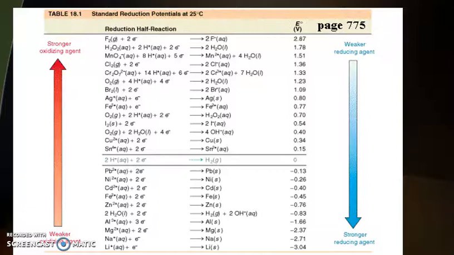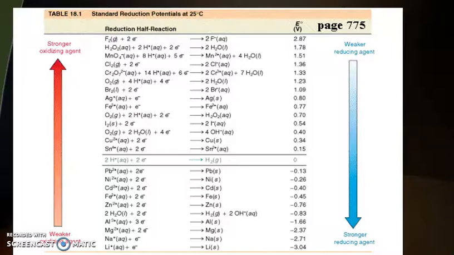Doesn't mean every reaction is a reduction reaction, just means the oxidation reaction is the reverse of the reduction reaction. But they're all written as reduction reactions, and all the potentials are given for those reduction reactions. So you'll see the right-hand column there at the top, it says E0, the little naught in a circle, that means standard conditions, and it's a voltage measurement.